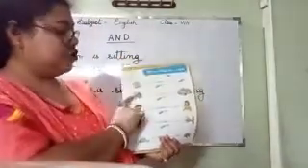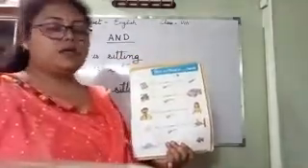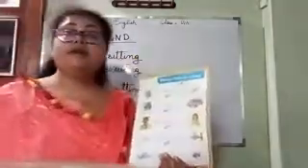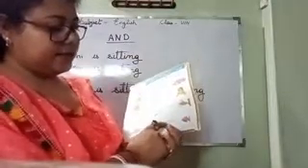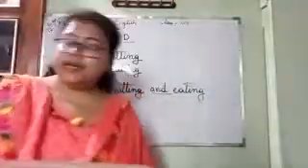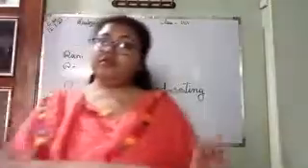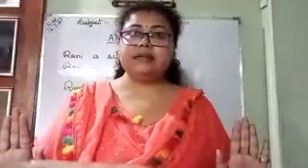This is a book and that is a pencil. Then see the picture. This is a cycle and that is a car. They are using and. Then this is a man and that is a woman. This is an egg and that is a nest. This is a net and that is a fish. Understand? Have you all understood?